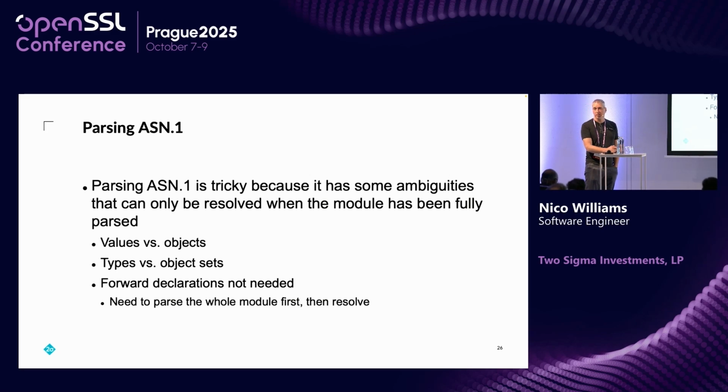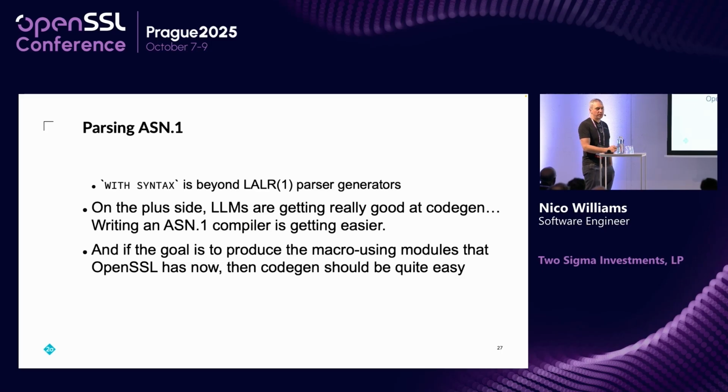It's context dependent. So some things you basically have to parse the whole thing to then decide what kinds of things you parsed. That's kind of annoying. That means that using Bison, Yacc, these things is hard, it's tricky. And with syntax is probably going to be beyond anything you can do with any Yacc or Bison parsers.